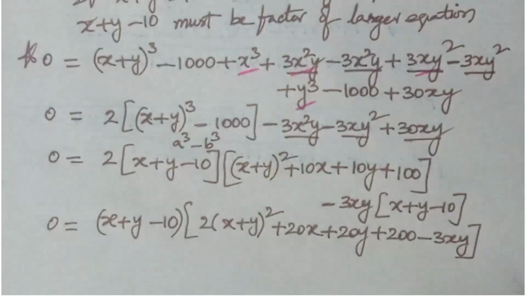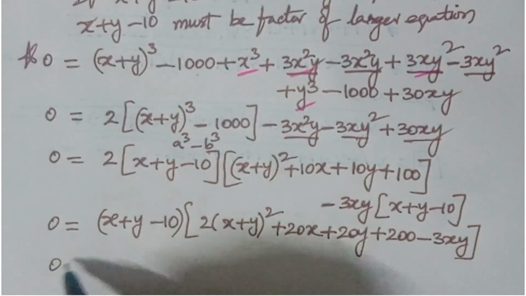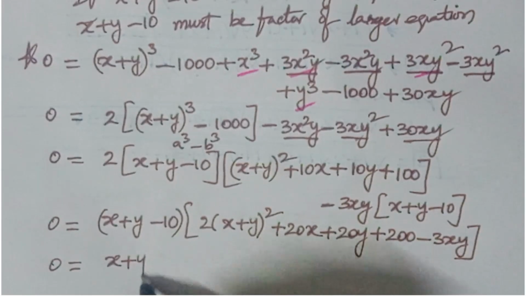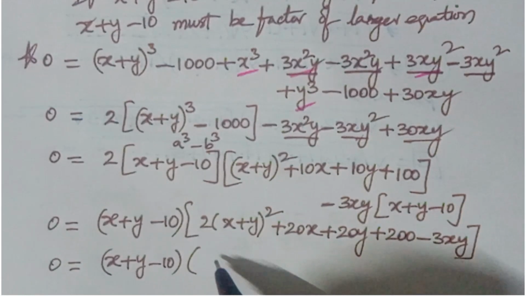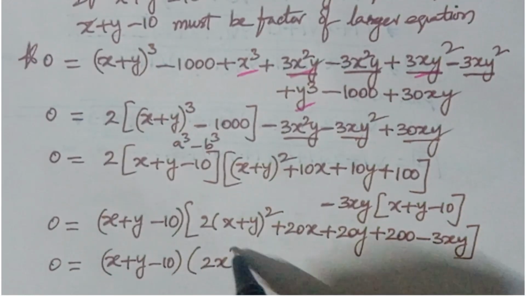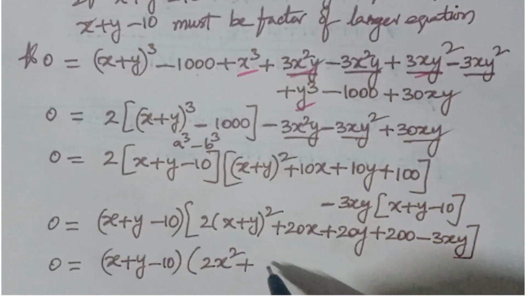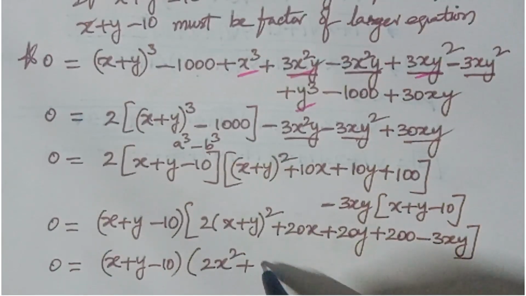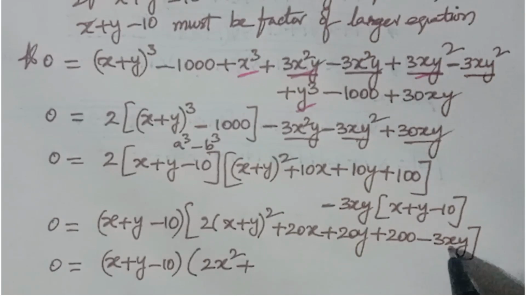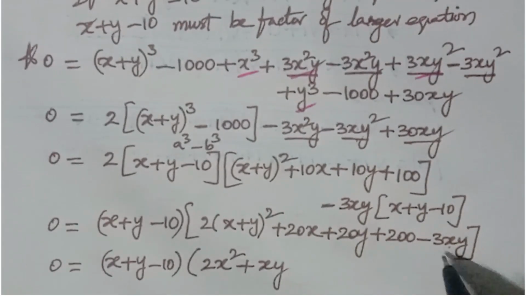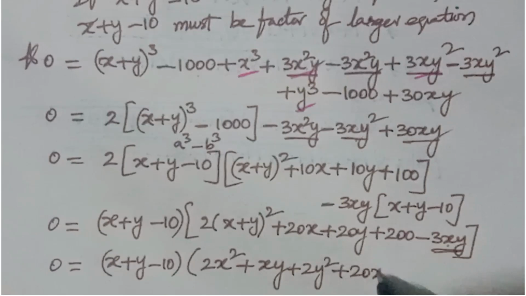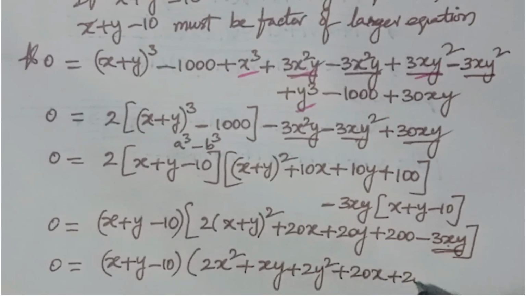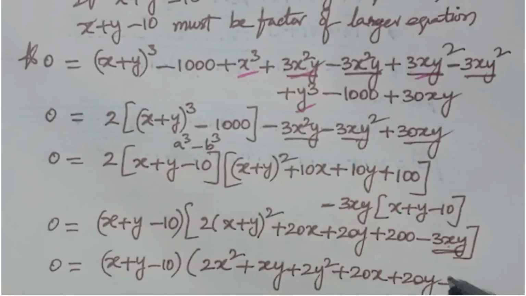So what will we get now? 0 is equal to x plus y minus 10 into, opening the bracket, 2x square plus 4xy minus 3xy, only xy, plus 2y square plus 20x plus 20y plus 200.